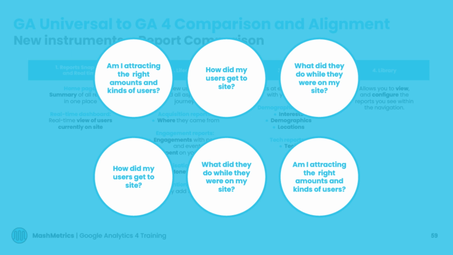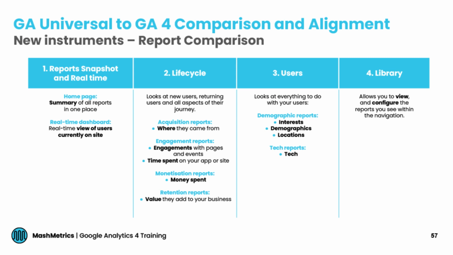So in summary, the report section is split up into really four key sections: a summary of historical and real-time data, a collection of pre-built reports based upon the customer lifecycle, and demographic and technical information about a user and the tech they are using. And last, but certainly not least, is an area we didn't show, and that is the library section at the bottom.